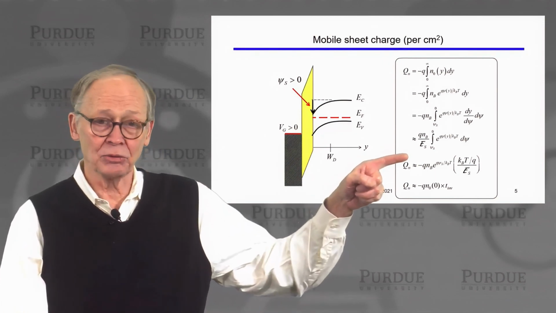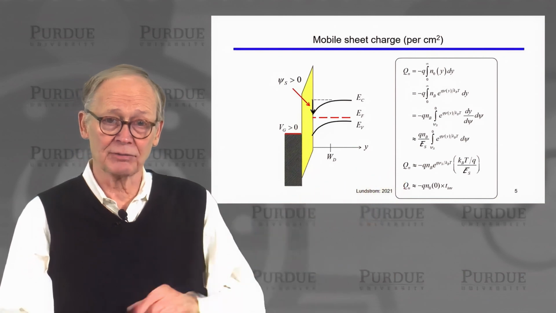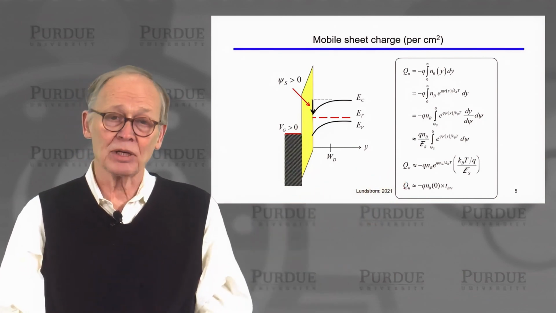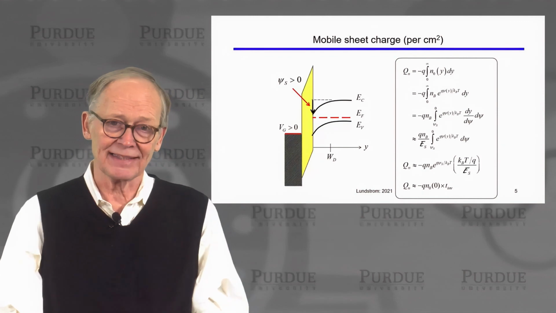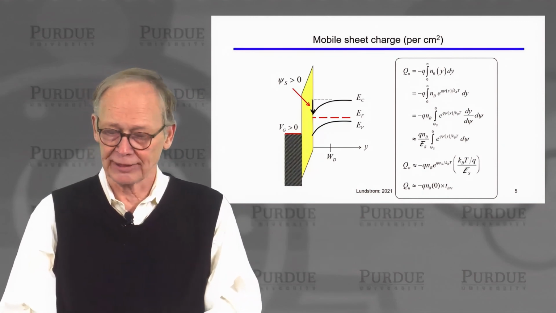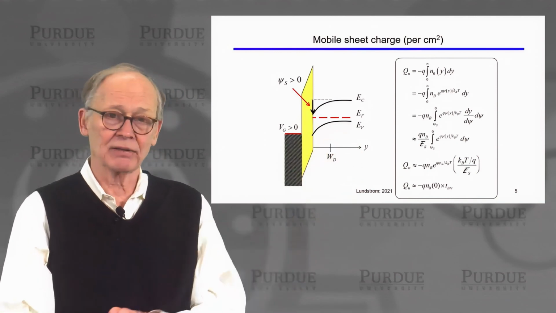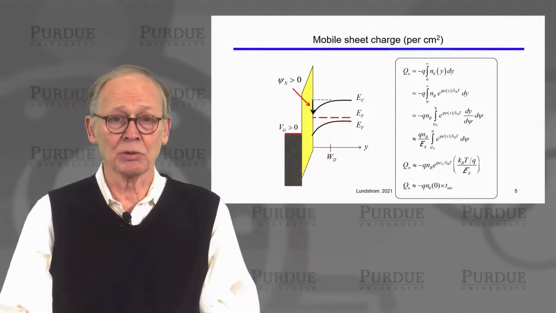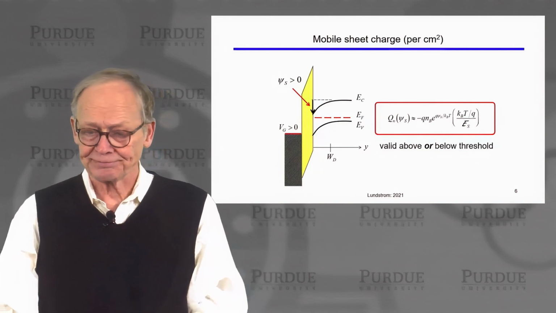The numerator is volts, the denominator is electric field, volts per centimeter. So that quantity in brackets we can interpret as the thickness of this mobile charge layer, or inversion layer. So that's our final expression for the mobile charge per square centimeter.